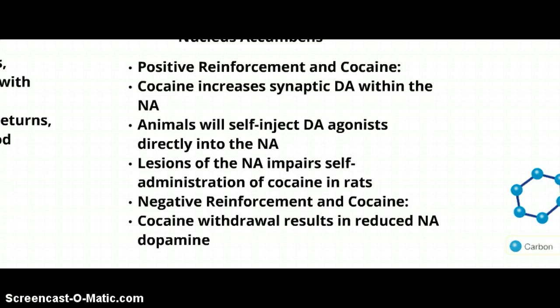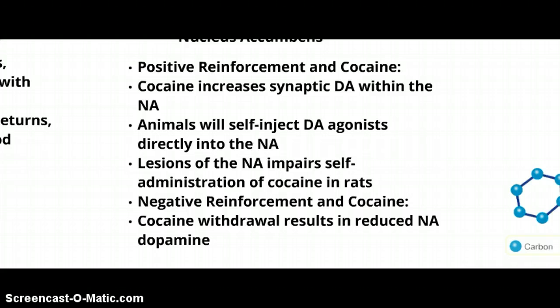So there's also the idea that it might be negative reinforcement that maintains cocaine addictions, like when people develop tolerance, and when they stop using cocaine, they go into withdrawal. So maybe that withdrawal is like a negative stimulus, and the cocaine stops that.